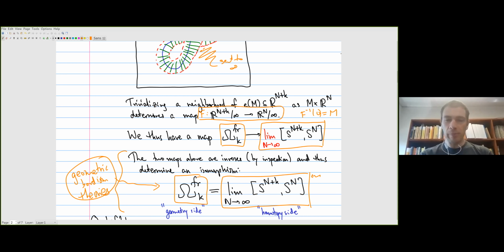The reason I chose to do this example with stably framed bordism on the left-hand side is because the right-hand side is particularly simple in that case. But there are more complicated things you can write on the right-hand side here, which go under the name homotopical bordism theories, which also correspond via an isomorphism to the other theories on the left.